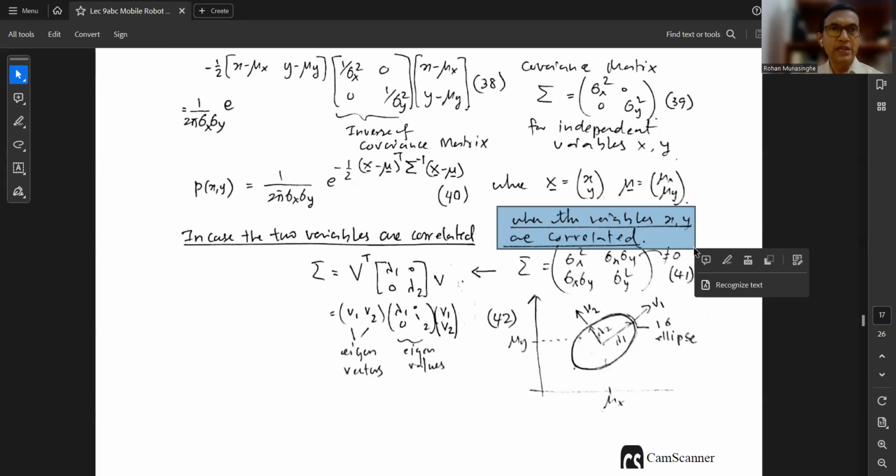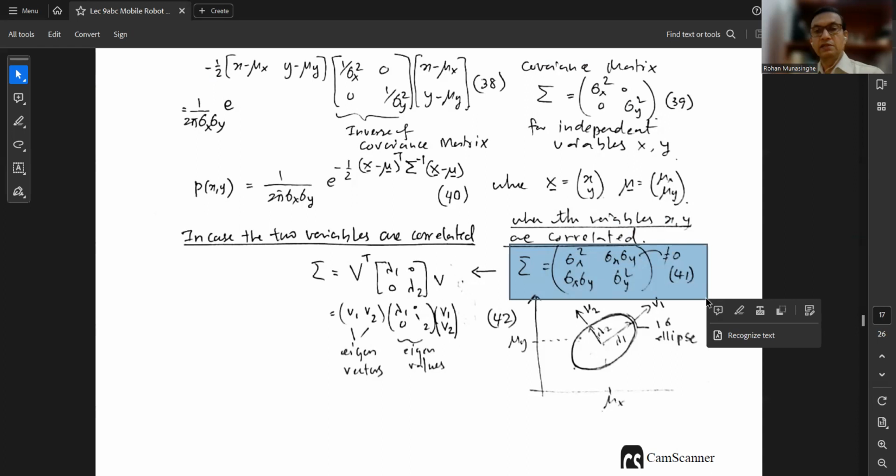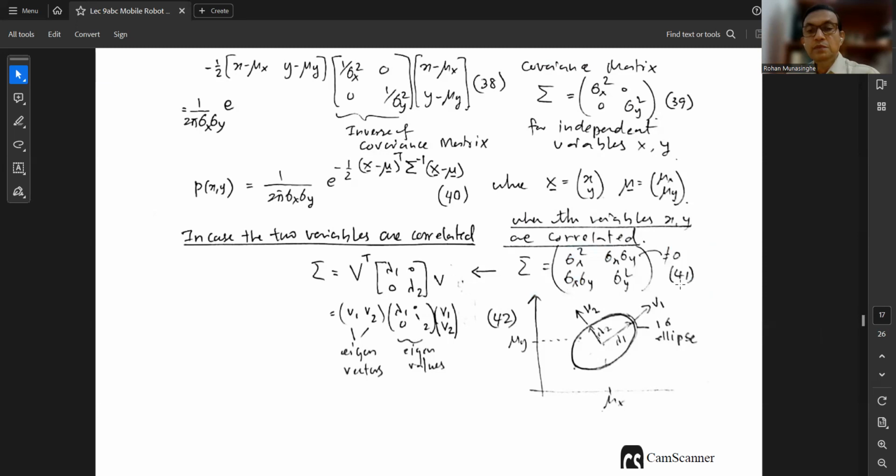You don't have complete x and y independence, right? There are special mobile platforms for that. So let's say a typical mobile platform, it's like this. Now, the main diagonal is sigma x, sigma y squares, but the off diagonals are like sigma x, sigma y combination products. All right, it becomes like that.